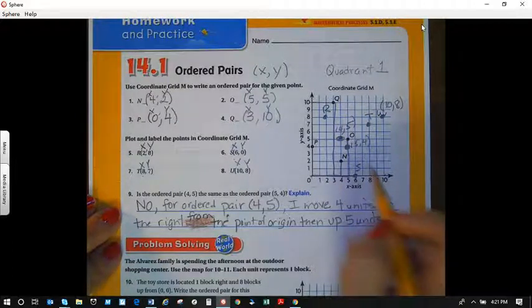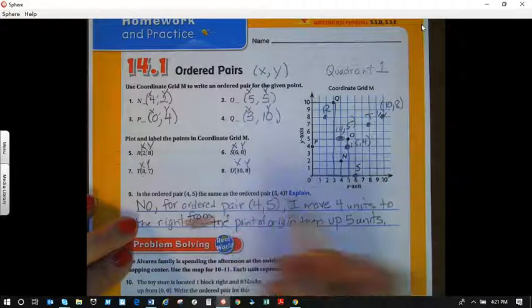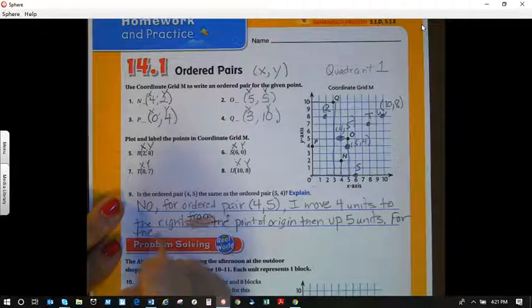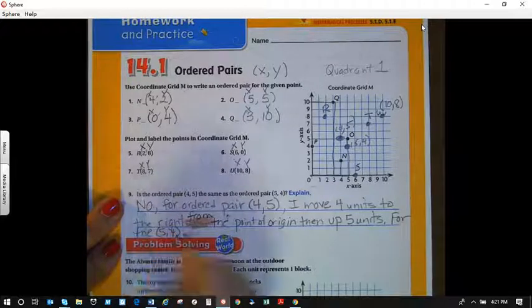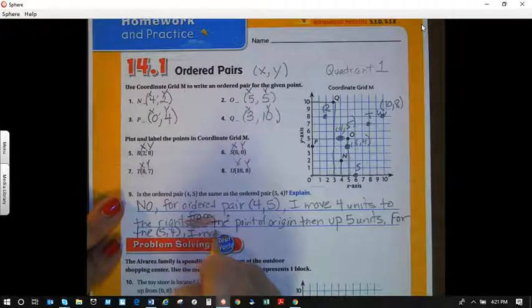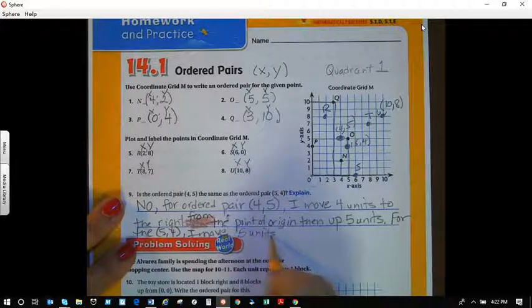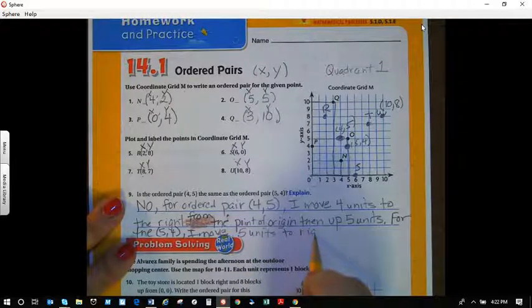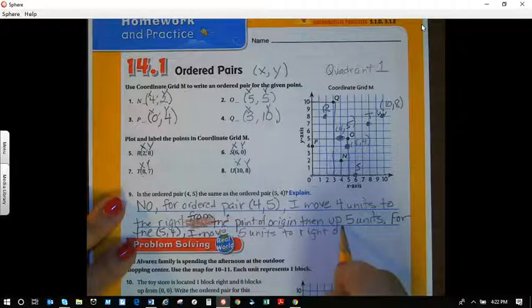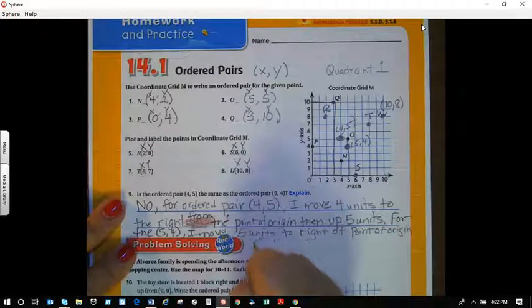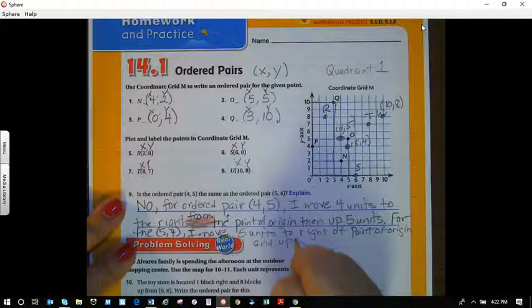Then for the 5, 4, I move 5 units to the right of the point of origin and up 4 units.